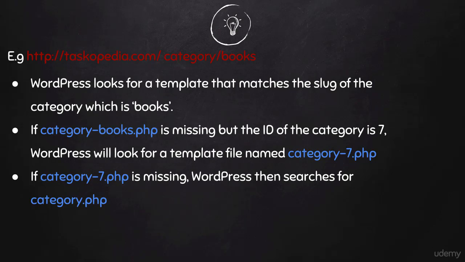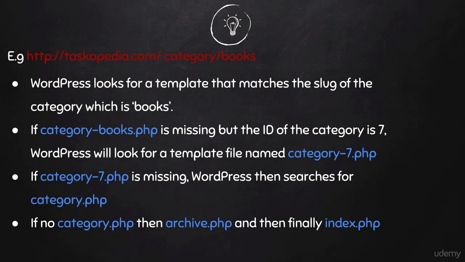If category-7.php is missing, WordPress will then search for the generic category template, which is category.php. If category.php is missing, WordPress will then check for archive.php. And if archive.php is missing, finally, WordPress will resolve to using the index.php.